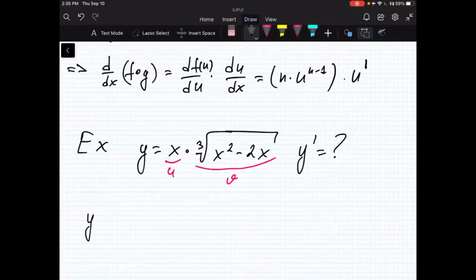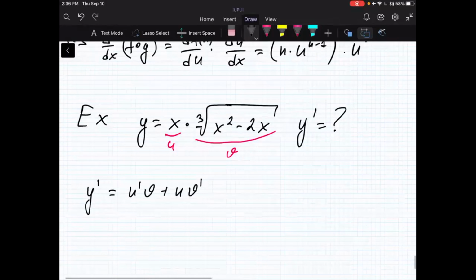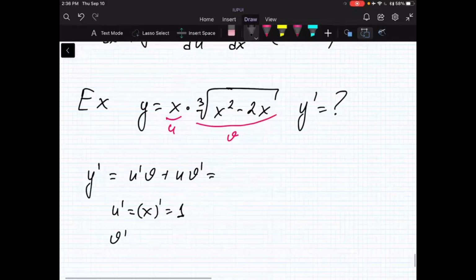So first, y prime is u prime times v plus u v prime. u prime is just 1 because the derivative of x is 1. And then v prime, okay, let me rewrite it in that way.